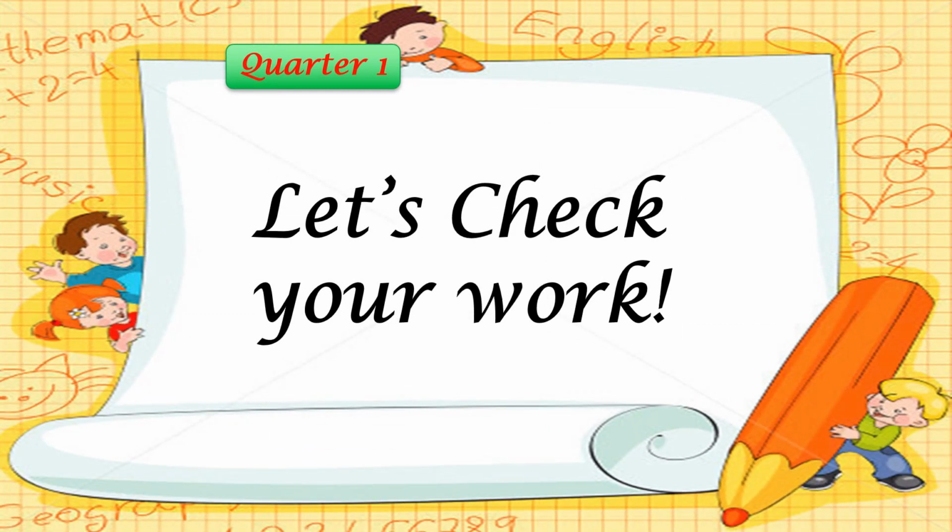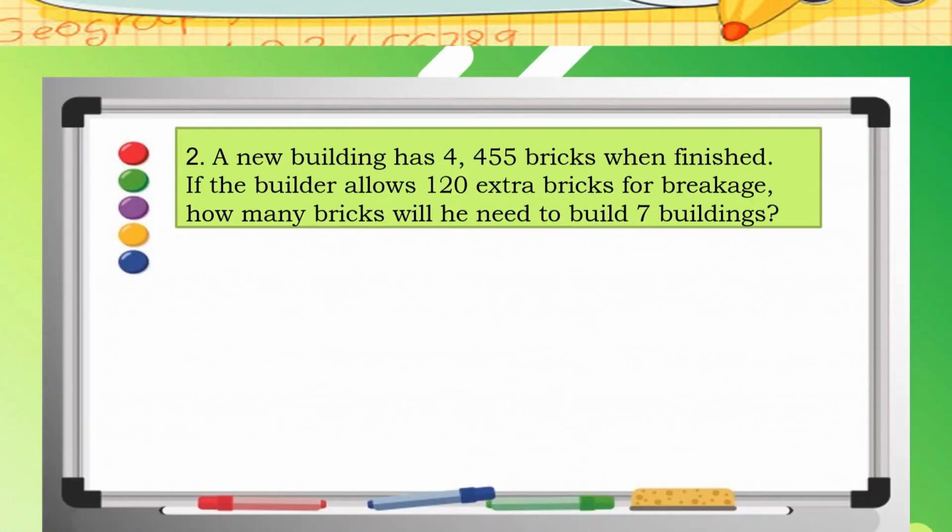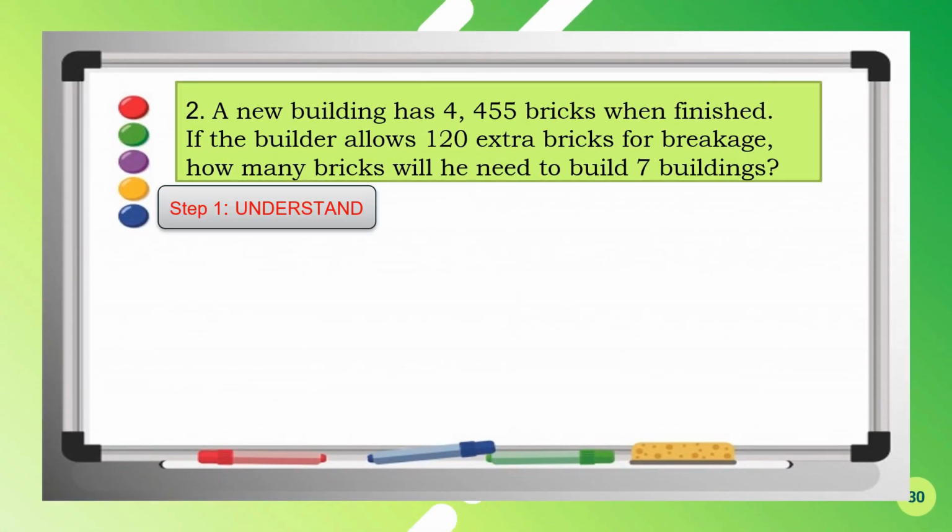Let's check your work. A new building has 4,455 bricks when finished. If the builder allows 120 extra bricks for breakage, how many bricks will he need to build 7 buildings?